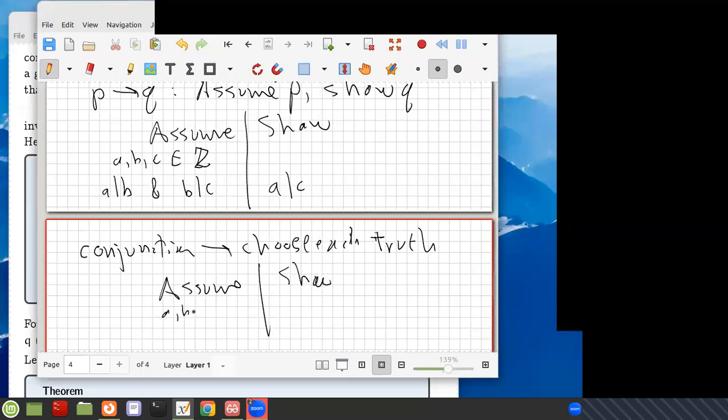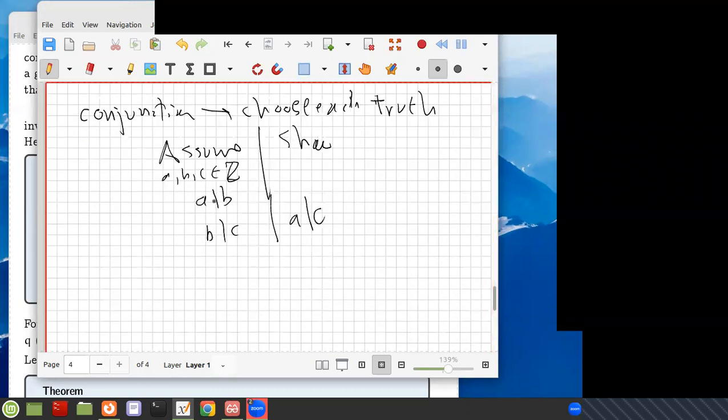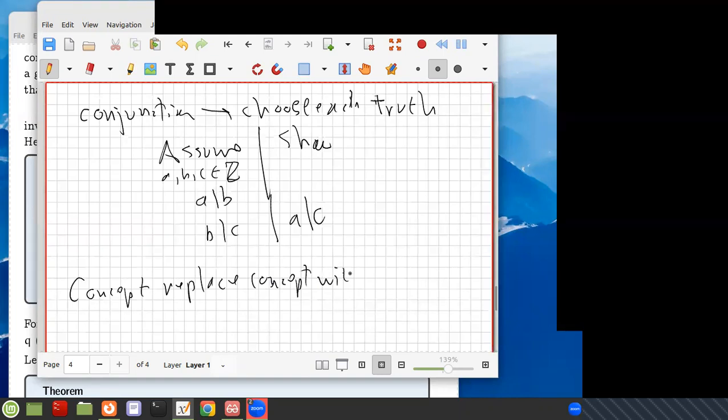Okay, A, B, and C are integers. And we have A divides B and B divides C, and all we have to show is A divides C. Now, this is sort of a concept. What we need to do is, when you have a concept, you want to replace the concept with the definition.